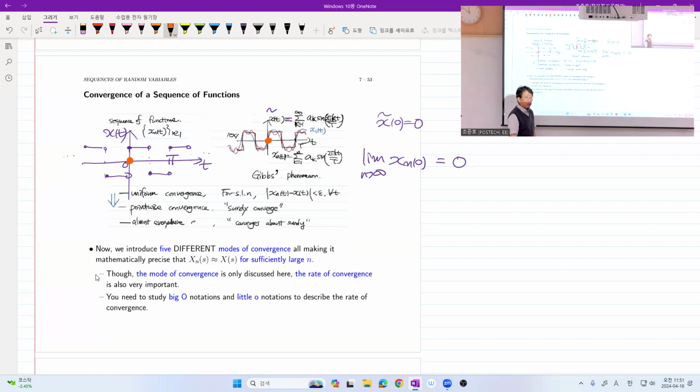That is actually one of the correct ideas to talk about the convergence of a sequence of functions. So what you do is this. You construct a sequence of functions, x1, x2, x3, okay? And you have this notation.